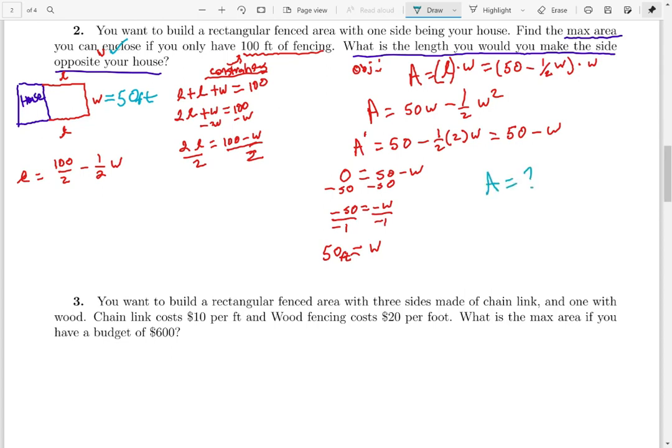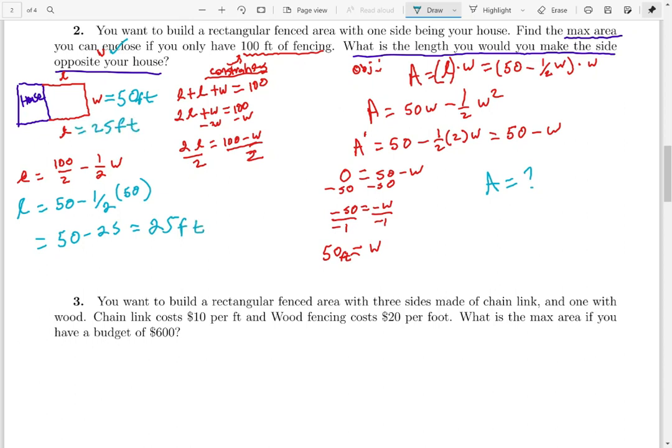And so I want to know what that maximum area is. Because I found that W is equal to 50, I just need to find the length. So length is equal to 50 minus 1/2 of W, which is 50 feet. Well, 1/2 of 50 is 25, so 50 minus 25 gives me 25. And so now I know that my length is 25 feet.